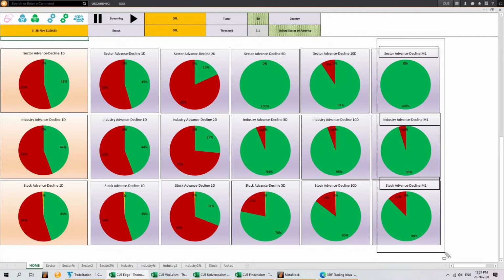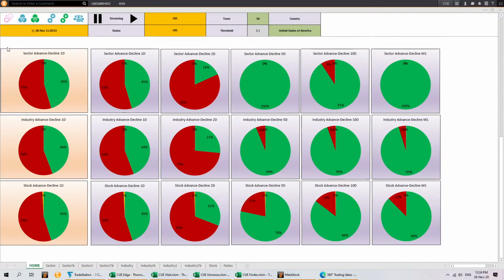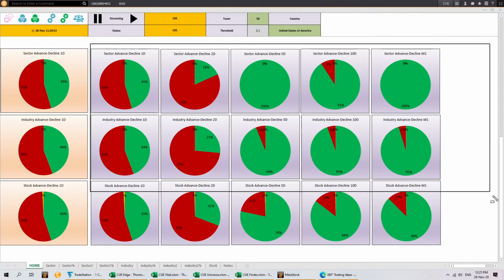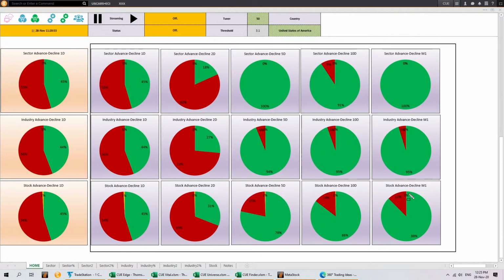This is the monthly period, and then 10-day, 5-day, 2-day, 1-day, and the last column here is in real time during market hours. Now market is closed, so it is also showing 1-day period. We may focus on 1 month to 1 day. 1 month is clearly bullish.